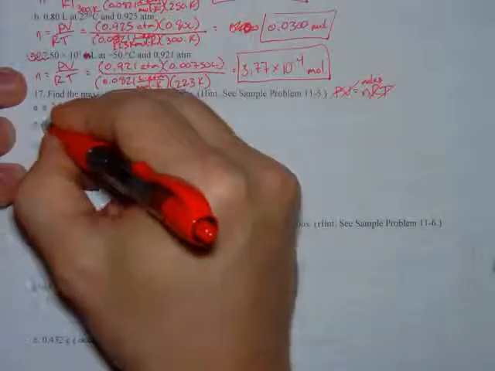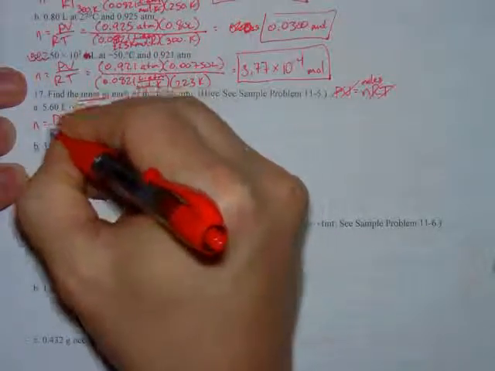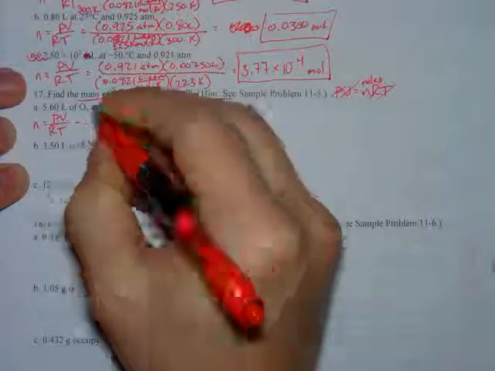So we are solving for n. That is PV over RT.